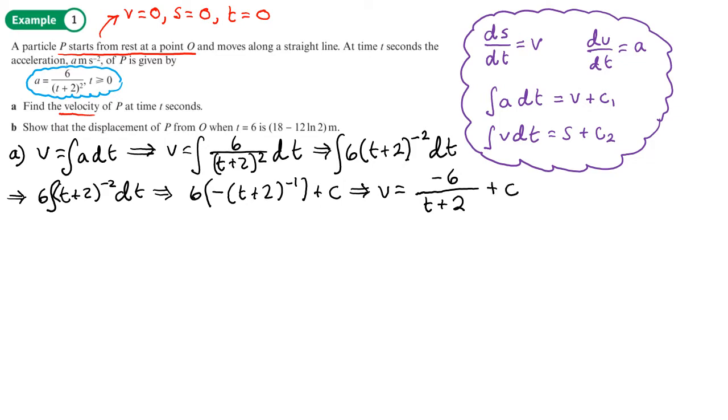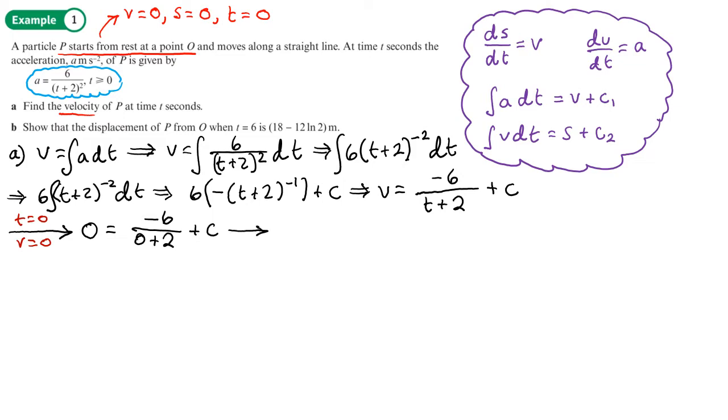So now we're going to work out c, and we can work out c using the information that's here. So we know that when t is 0, v is 0. So let's write that down. t is 0, v equals 0. So we'll substitute those in to find c. So that'll give us 0 equals negative 6 over (0 plus 2) plus c.